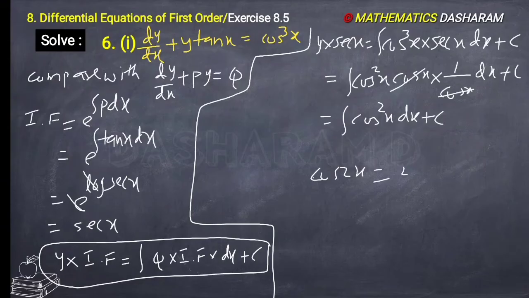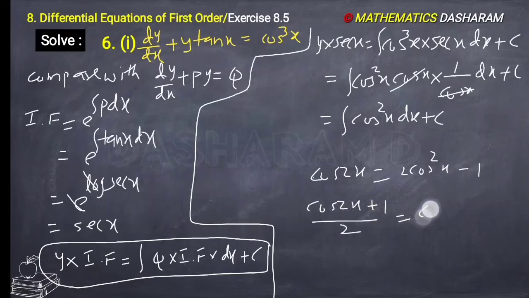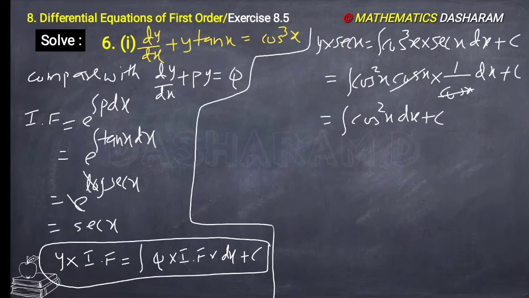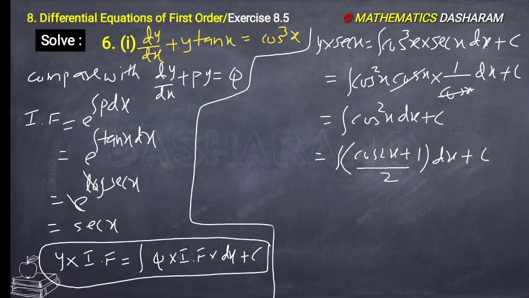So we have one formula for cos 2x, that is 2 cos square x minus 1. From this, cos 2x plus 1 divided by 2 equals cos square x. Let's substitute this value in this. So then it is equals to integration cos 2x plus 1 divided by 2 dx plus c.